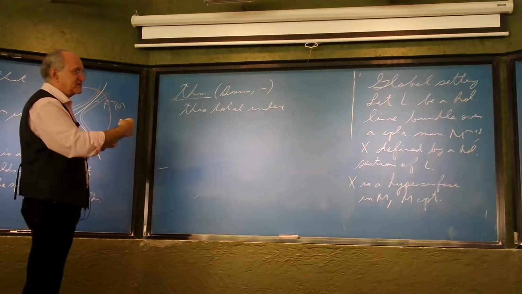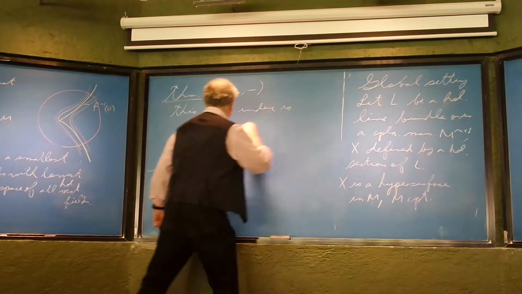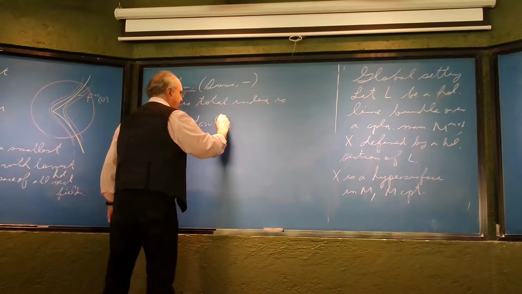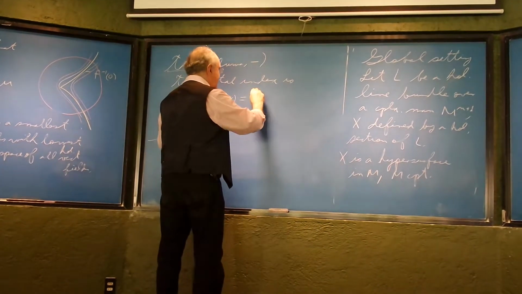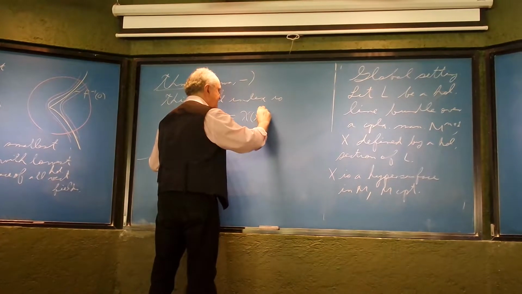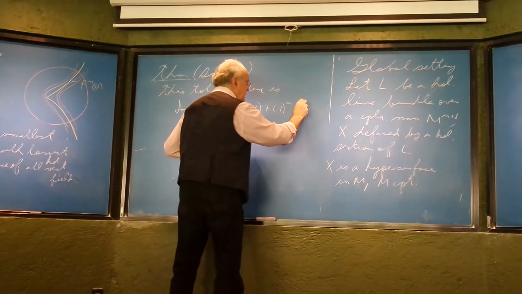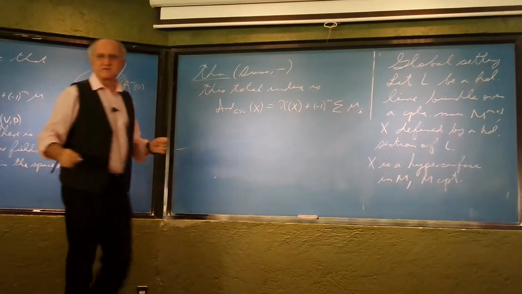The most interesting is going to be the second part. The GSV index of X, which is independent of the vector field, is going to be just the Euler characteristic of X plus minus 1 to the n times the sum of the local Milnor numbers at the singular points.